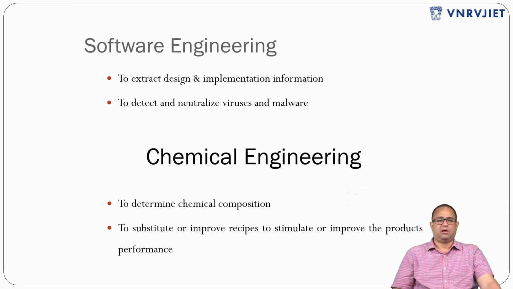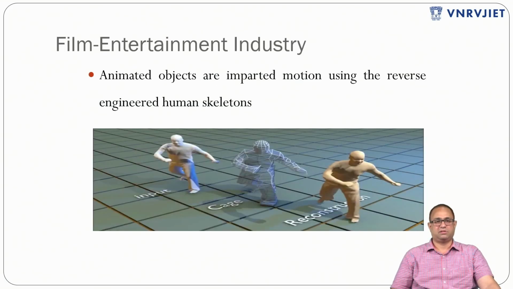For software engineering and chemical engineering also, these are fine advantages: to extract the design and implementation information and to detect and neutralize viruses and malware for software engineering, and for chemical engineering to determine chemical composition and to substitute or improve recipes to simulate or improve the product's performance.